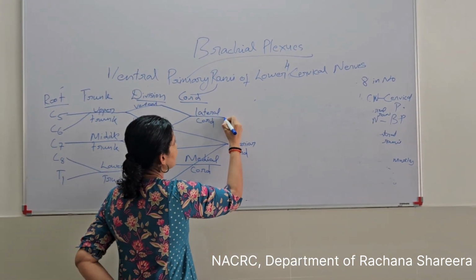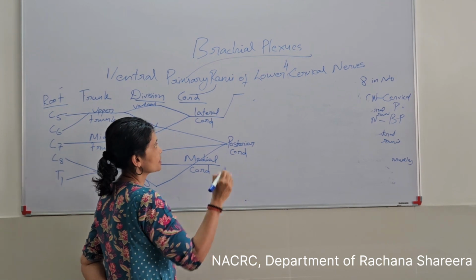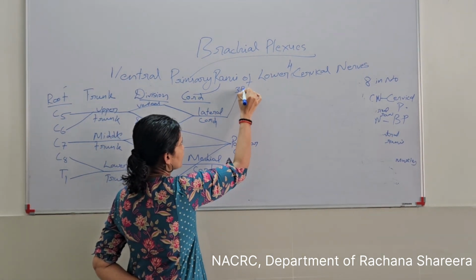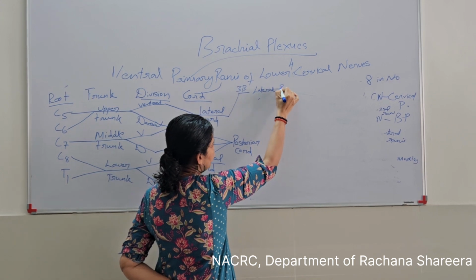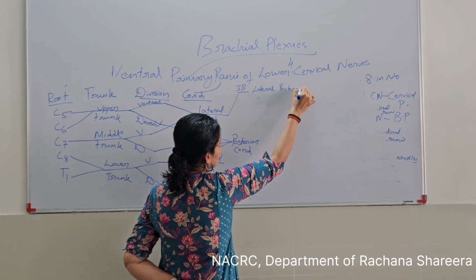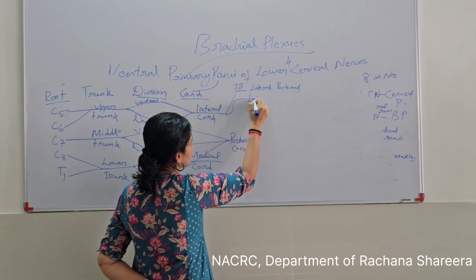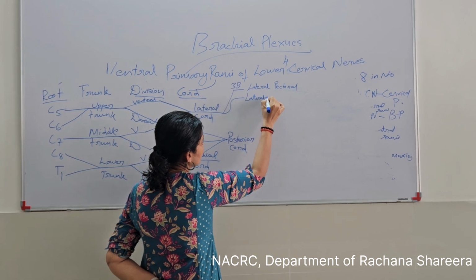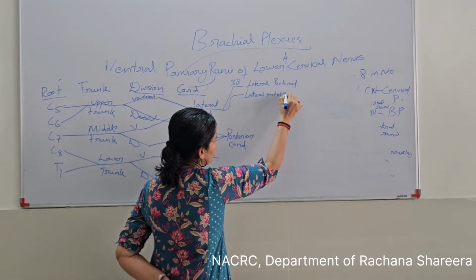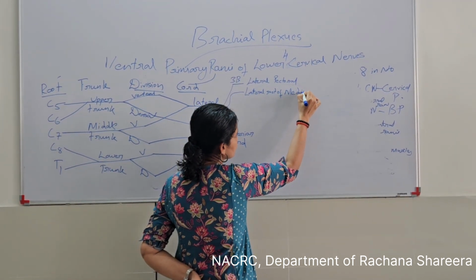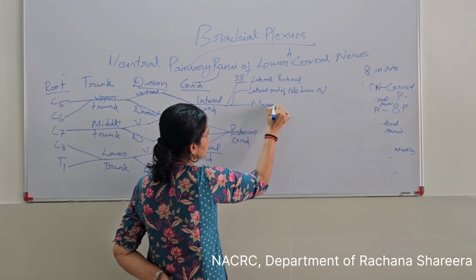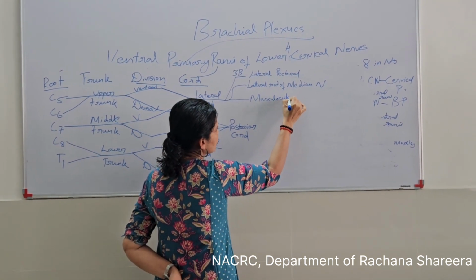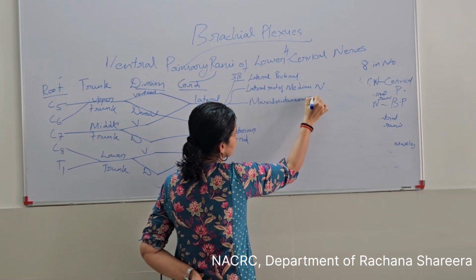So from the lateral cord, three branches. They are lateral pectoral, then lateral root of median nerve and musculocutaneous nerve.